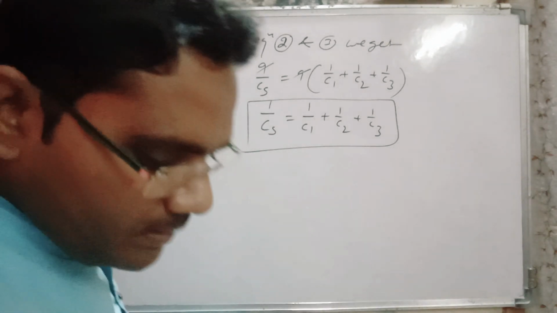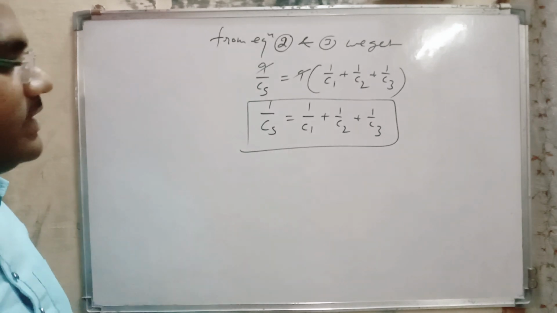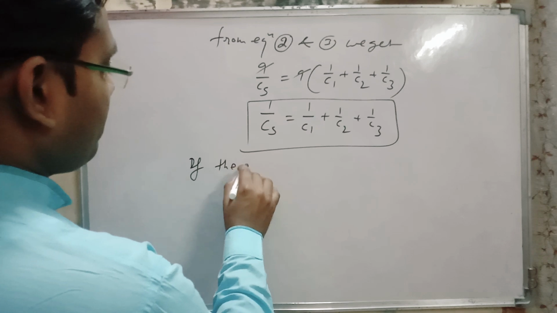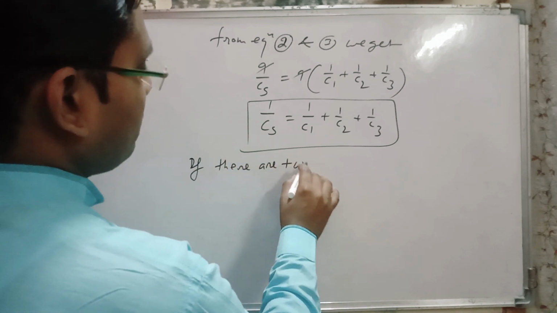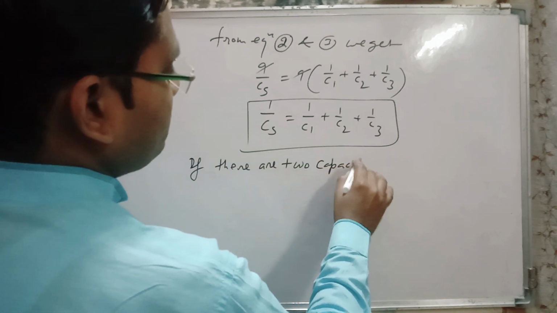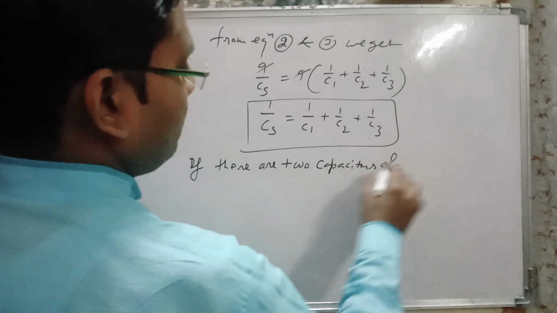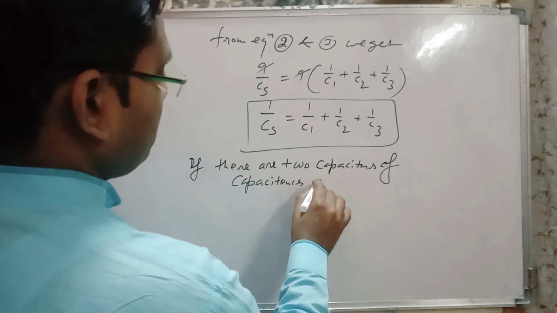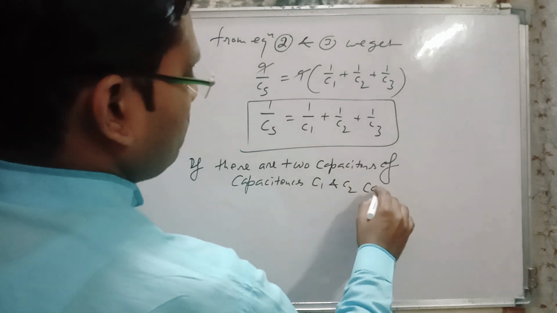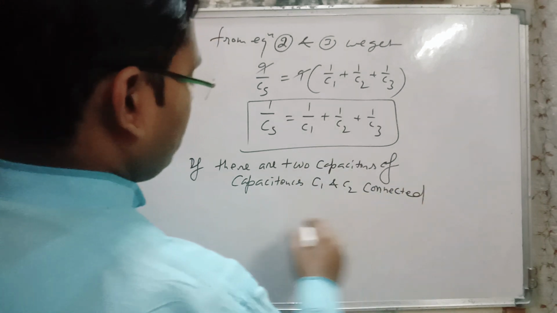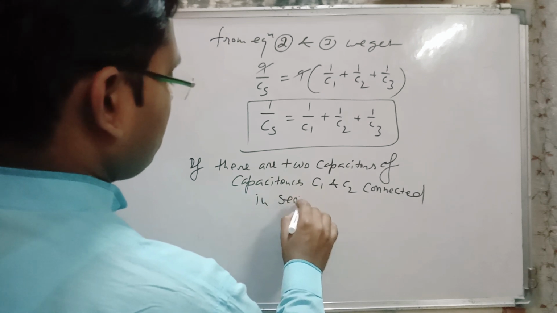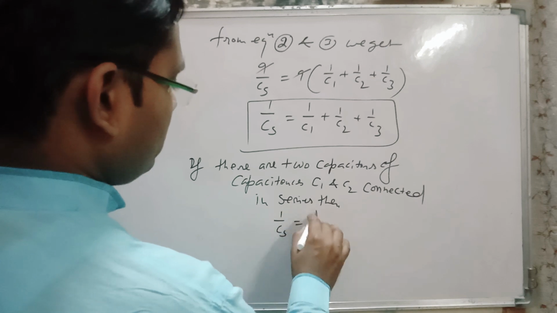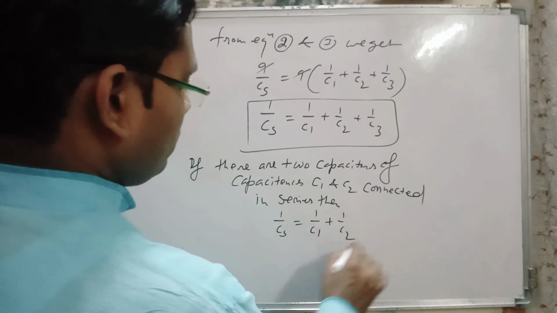If there are two capacitors of capacitances C1 and C2 connected in series, then 1 upon Cs is equal to 1 upon C1 plus 1 upon C2.